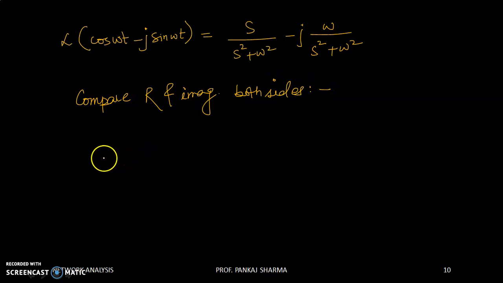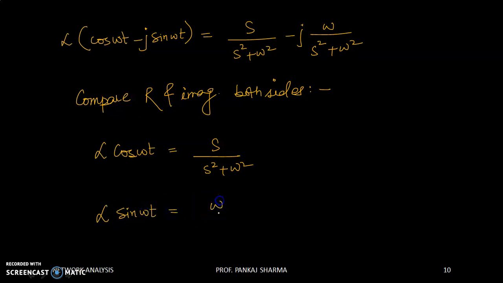What we will get is Laplace of cos omega t is equal to s upon s square plus omega square, and Laplace of sin omega t is equal to omega upon s square plus omega square.